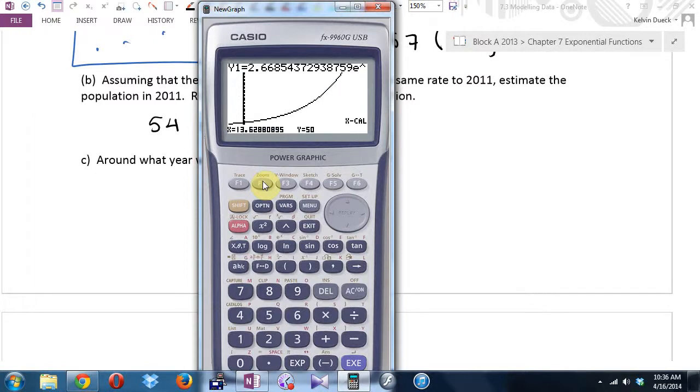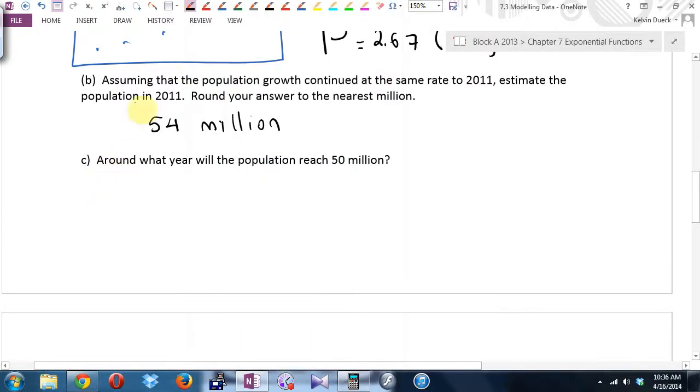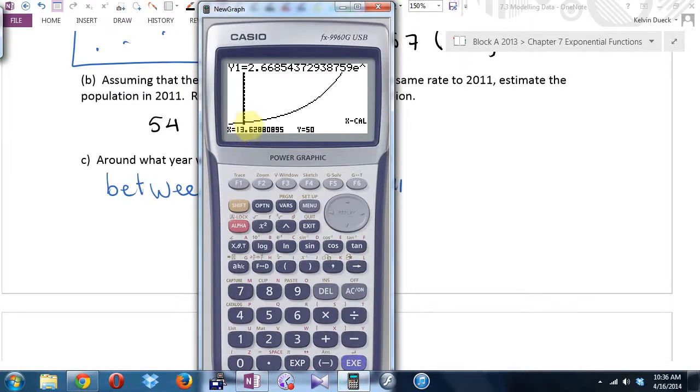Around year, well, 13.6. Because 2011 was time 14, 2001 was time 13, and I got time 13.6.